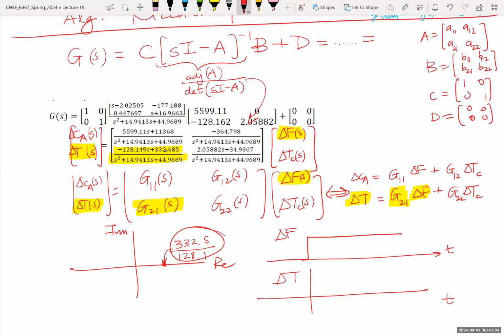Eventually, where is it going to go? It's going to go to where this transfer function is when S is equal to 0. So it's going to go to 332 point something over 44 point something, eventually 332.5 divided by 44.97.